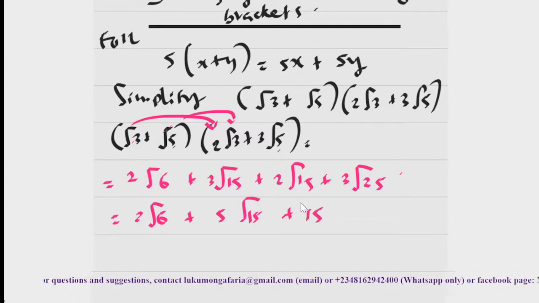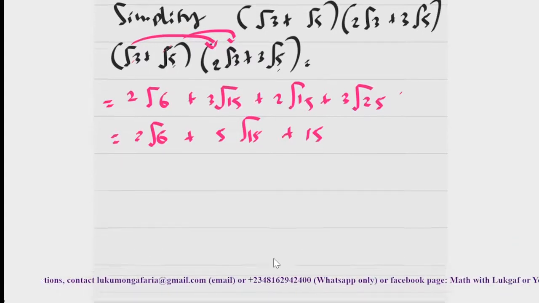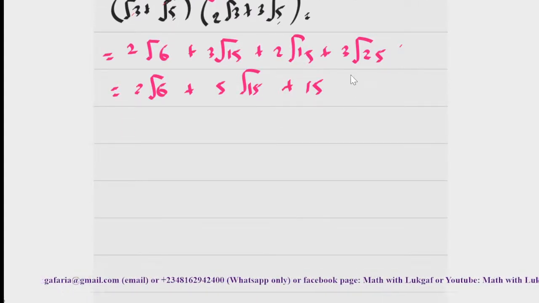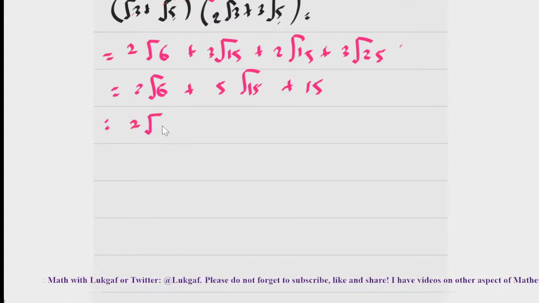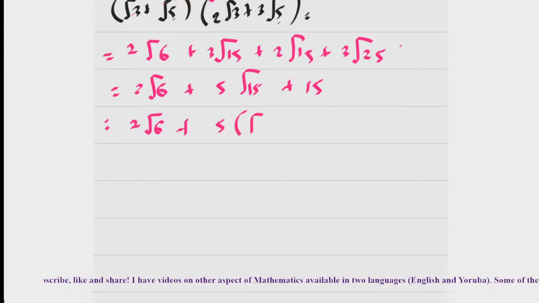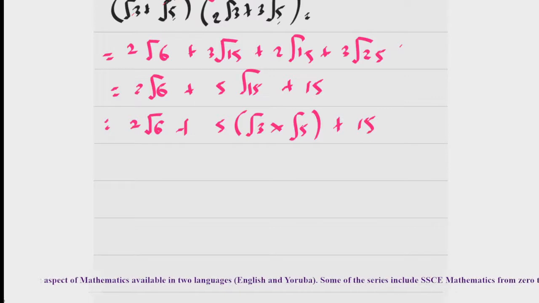I hope you understand how I obtained 15 here. Root 25 is 5, times 3 will give me 15.